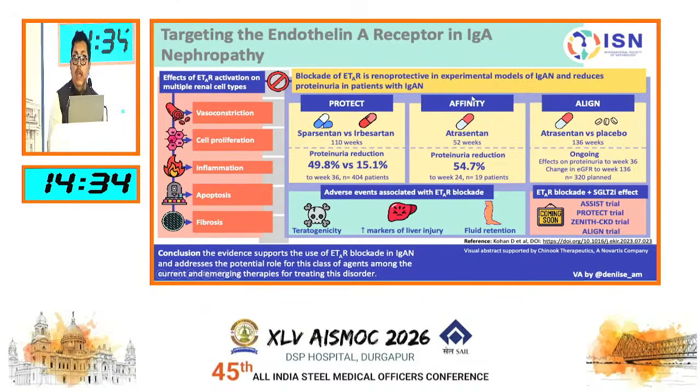The atrasentan versus placebo trial, the ALIGN trial, is ongoing, but the initial reports are extremely optimistic that they reduce the amount of proteinuria, and reduction of proteinuria is a very important step that predicts and prevents the progression of IgA nephropathy to a chronic disease. So DRAs, dual endothelin and angiotensin receptor antagonists, are coming in a big way in the treatment of chronic glomerulonephritis, mainly IgA nephropathy.